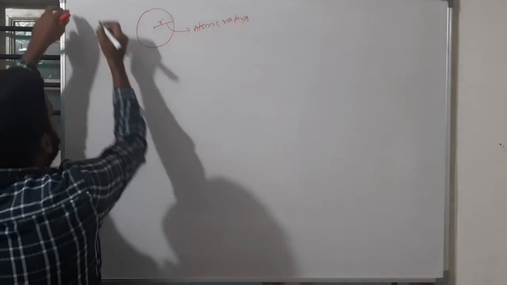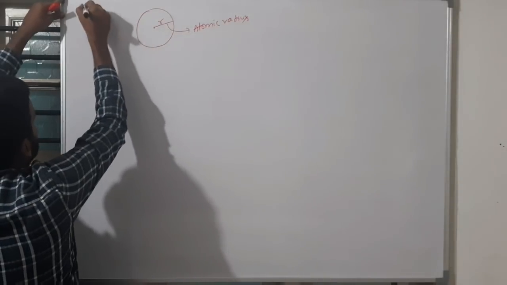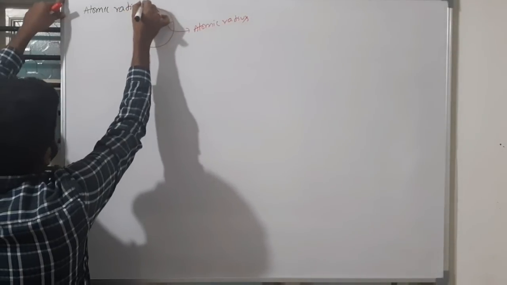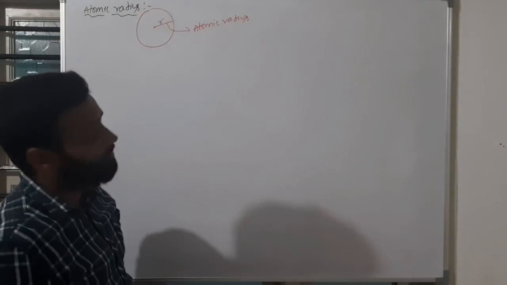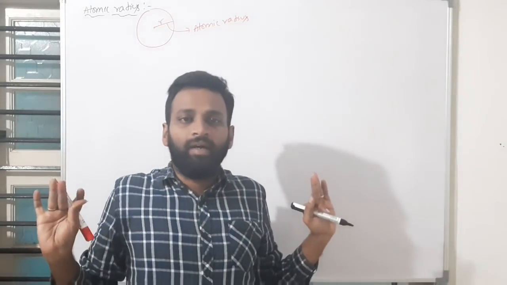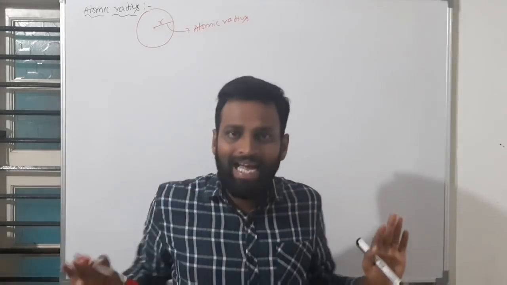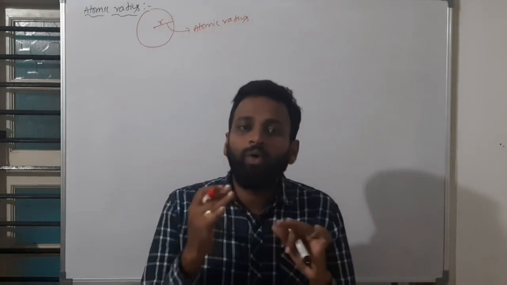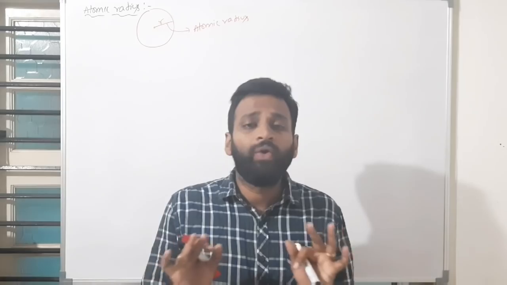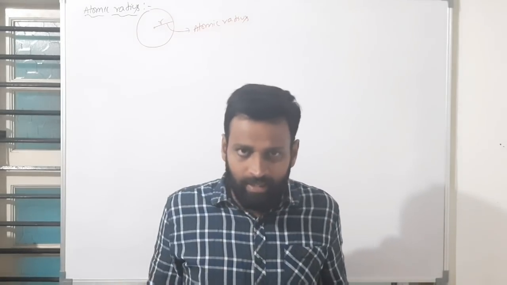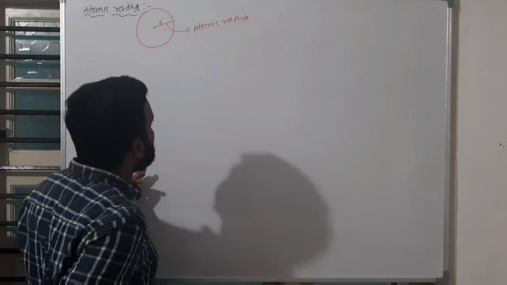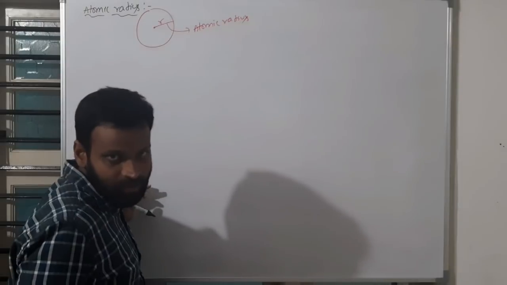I'm talking about atomic radius. If atoms are isolated, what does that mean? Single atoms exist, and they don't have any interactions with other elements or atoms. Then you can say the distance from the nucleus to the outermost shell is called the atomic radius.